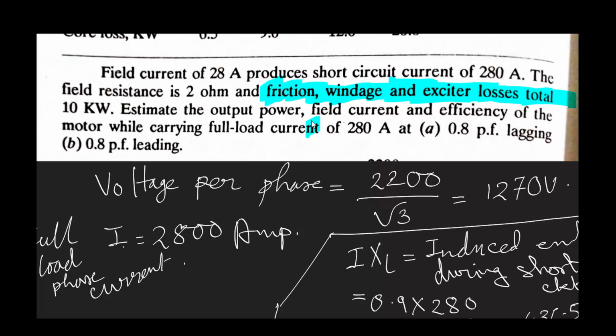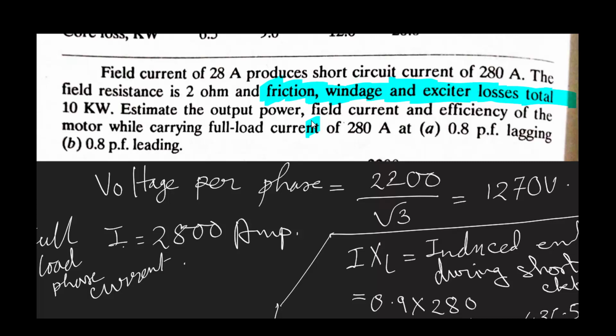But here is a little twist. When your speed falls from 1495 to 1350, at the same time all the mechanical losses that depend on your machine's mechanical speed will also fall.